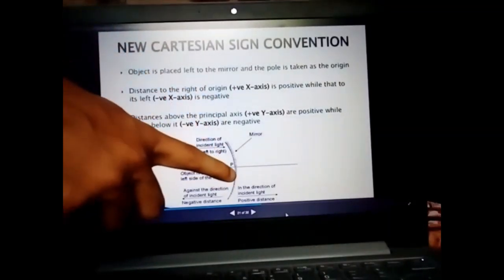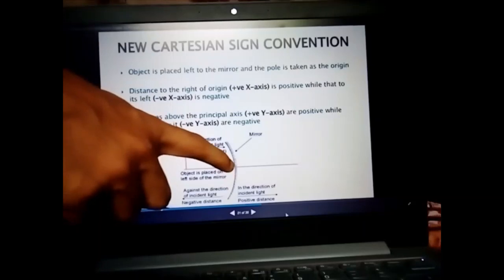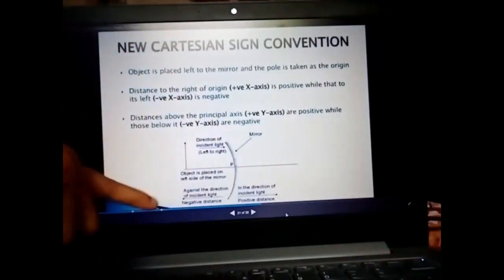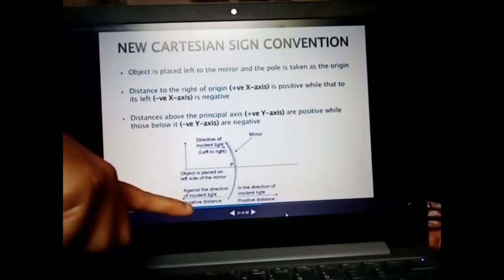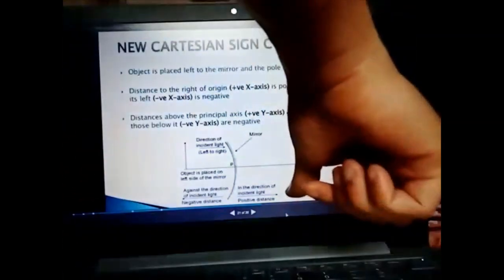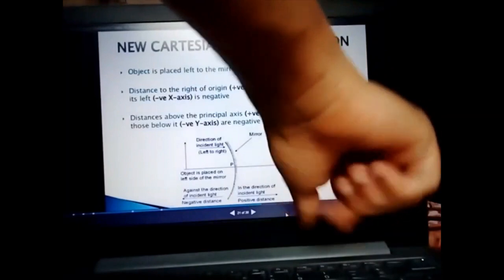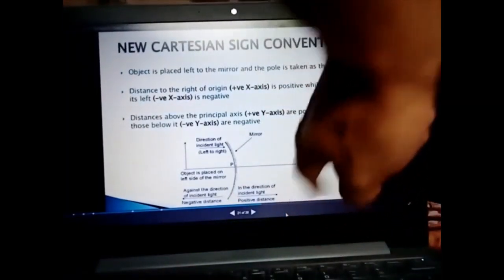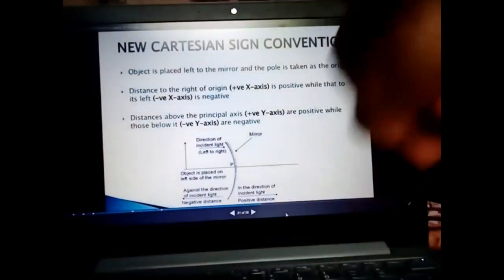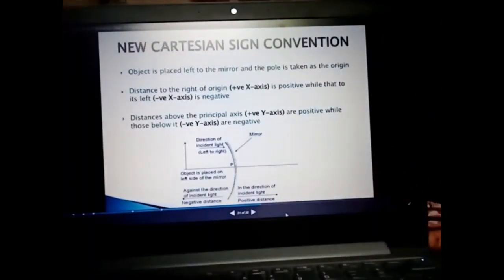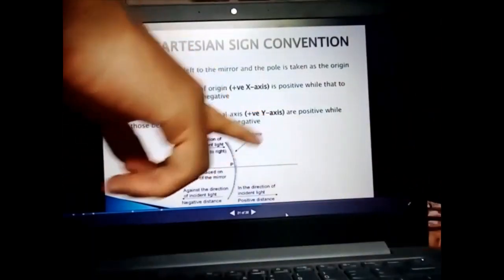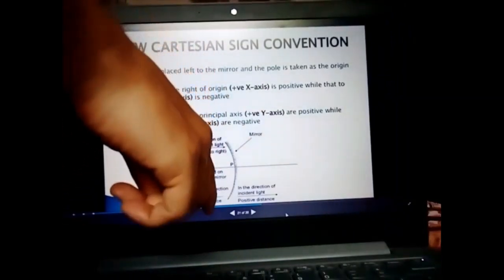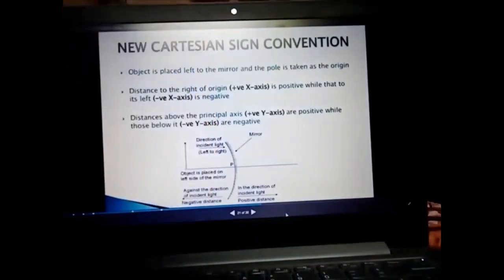So the distance to the left of the pole, that is this side, is taken as negative distance, and distance to the right side of the pole is taken as positive distance, as it is given here. And distance above the principal axis is taken as positive, distance below the principal axis is taken as negative.